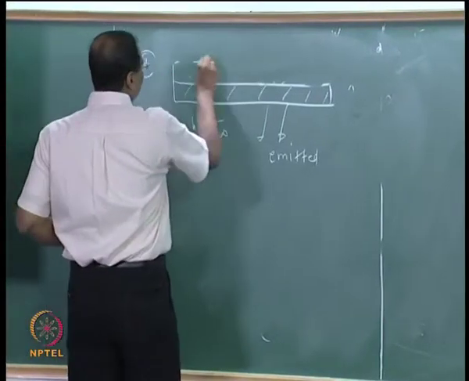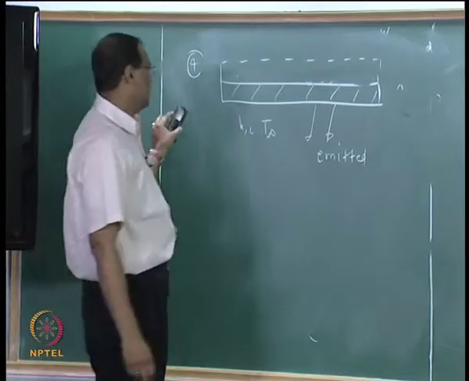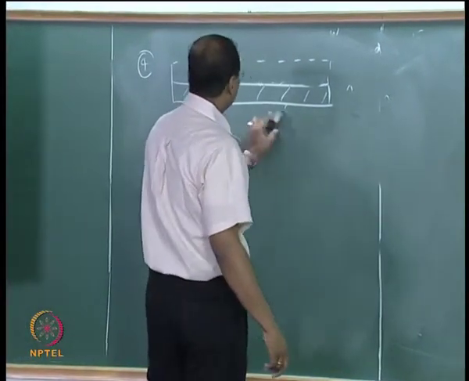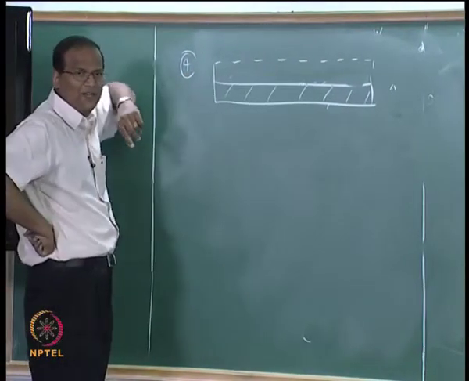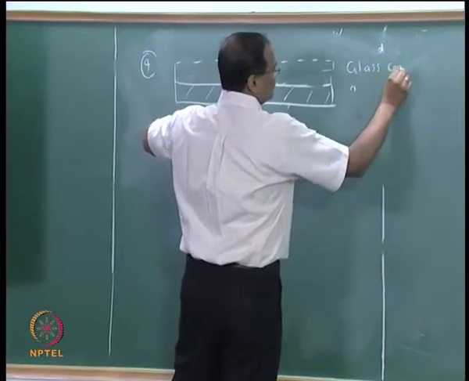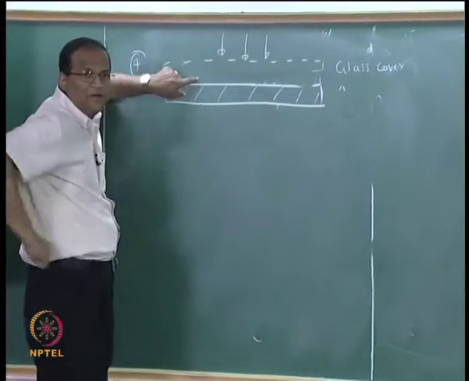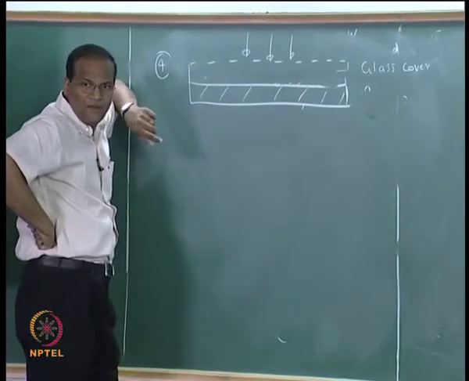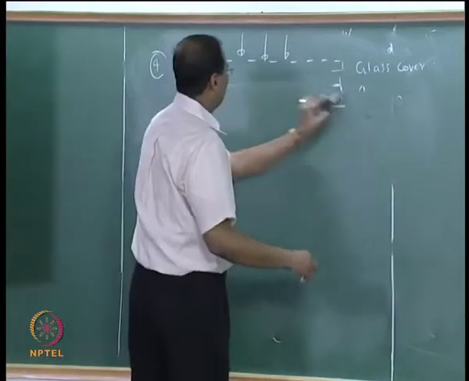So what the solar people will try to do is put a non-selective surface, where emissivity is already low. They will have something where absorptivity is 0.6, they may increase it further, and there will be a glass cover, so that you can reduce the convection.